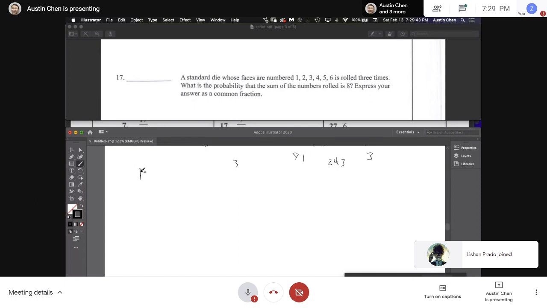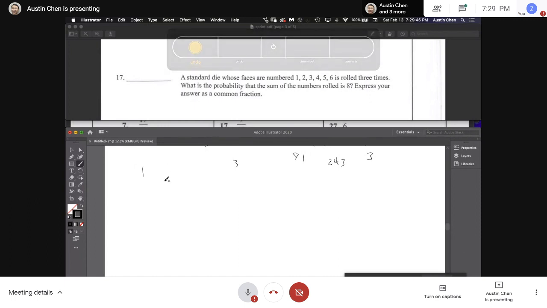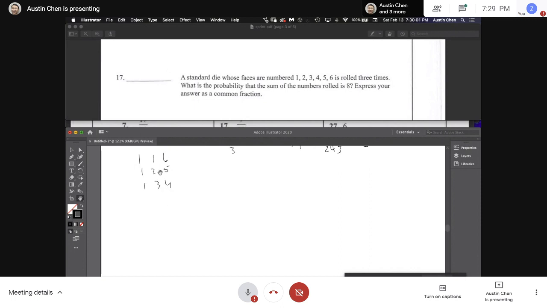So if we have 1, then our 2 other numbers have to sum to 7. And then we just think of all the ways 2 die rolls can sum to 7, which you can just list down, right? It's going to be 1, 6, then 2, 5, and then 3, 4, and that's all you're going to have. So these are the ways you can sum to 8 if we have one of the die being 1.